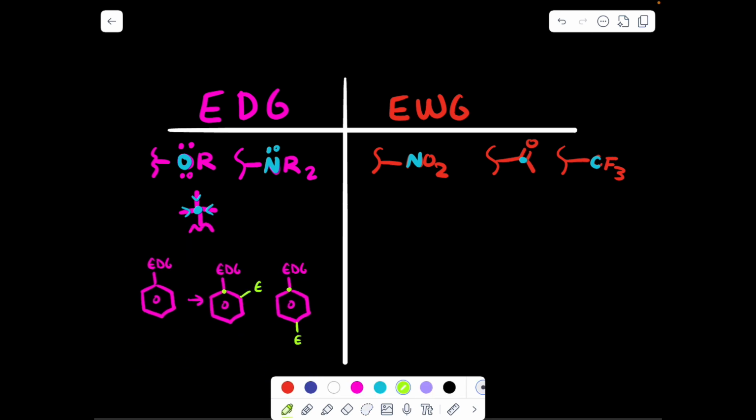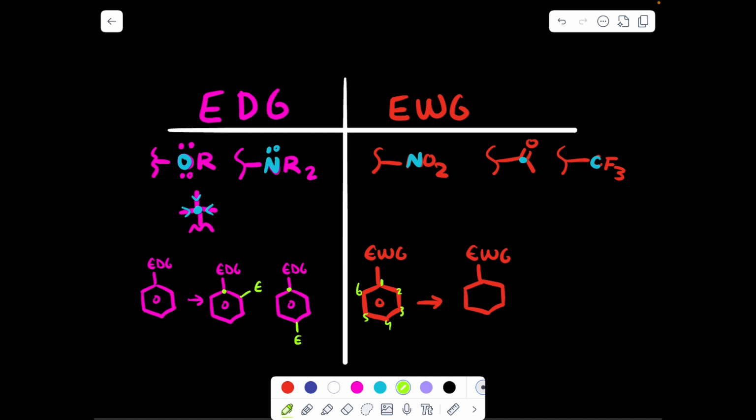The opposite happens if you have an electron withdrawing group on your ring. If you want to add in some E+, the E+ is going to add to the meta position, where the meta position would be, if you labeled these carbons 1, 2, 3, 4, 5, 6, where carbon number 1 is going to be the carbon with the electron withdrawing group.